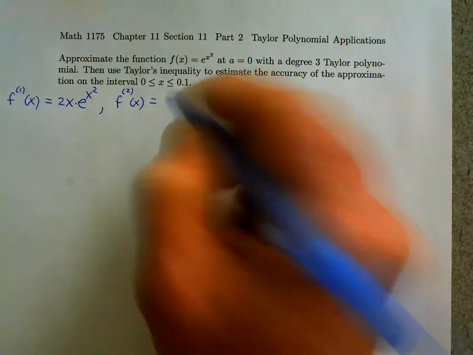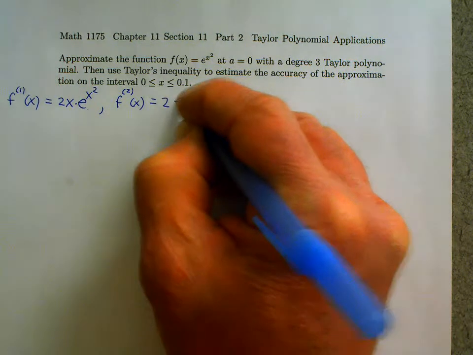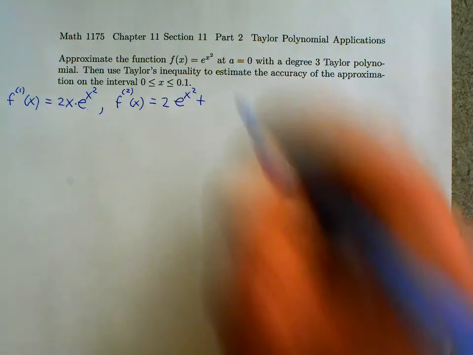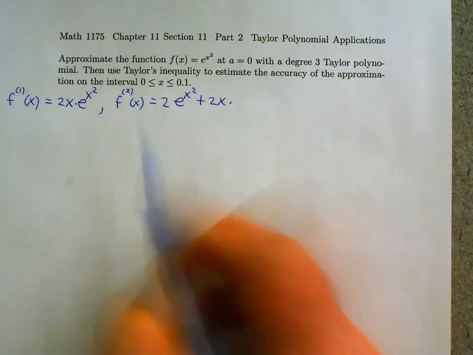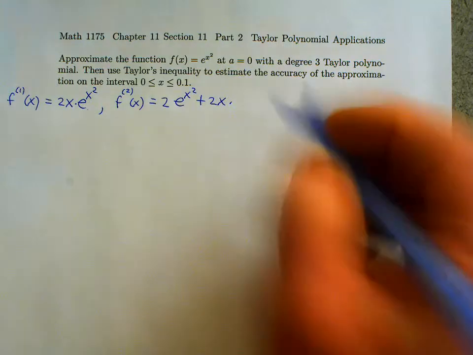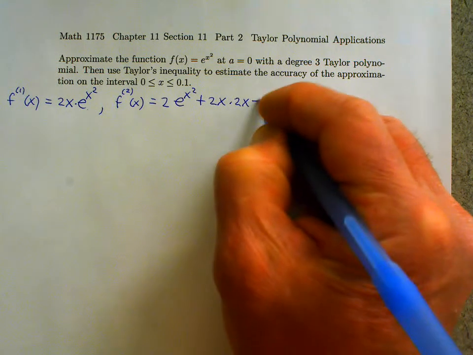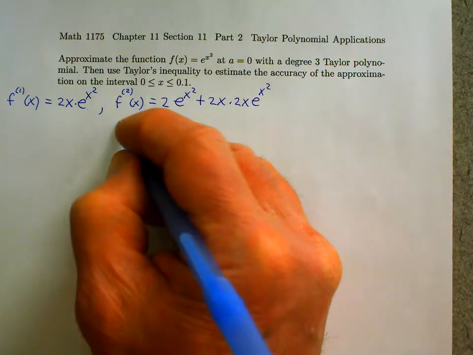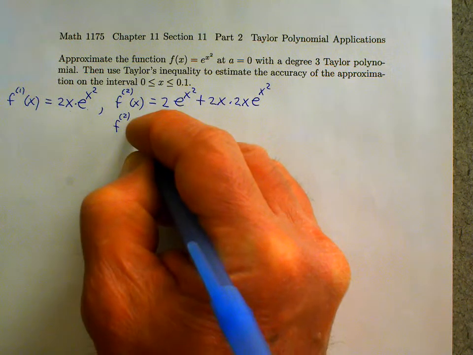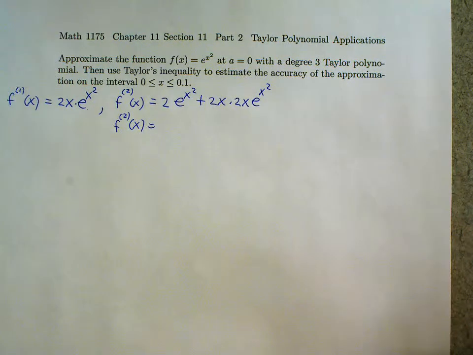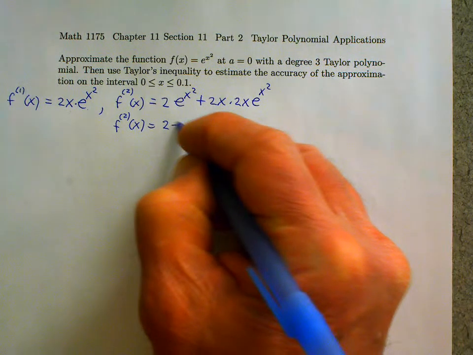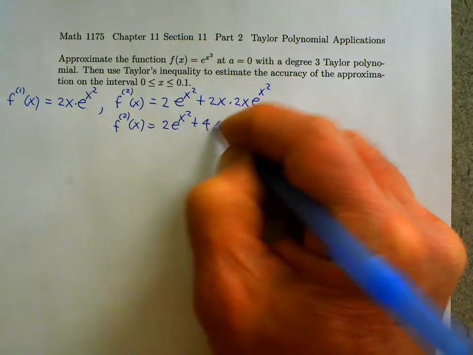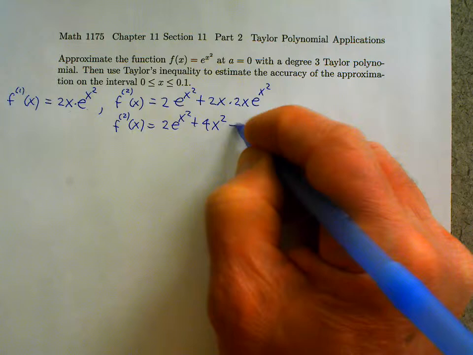The derivative of 2x is 2, so 2 times e to the x squared, and then plus 2x times the derivative of e to the x squared, which is 2x e to the x squared. So let's simplify that a little bit. We can write it as 2 times e to the x squared plus 4x squared e to the x squared.